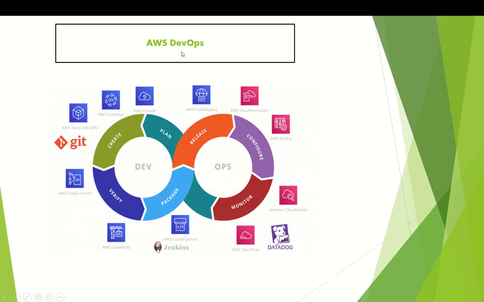AWS, Amazon Web Services, has its own proprietary tools. AWS CodePipeline is somewhat like Jenkins, CloudTrail and CloudWatch are like Datadog, and there are also AWS Config, AWS CodeDeploy, and AWS Cloud9.